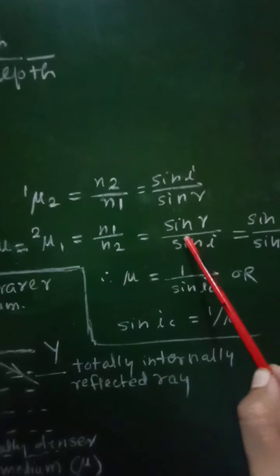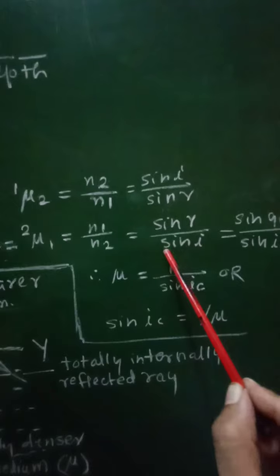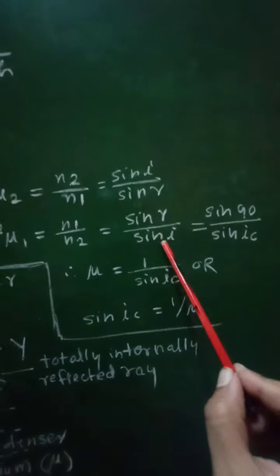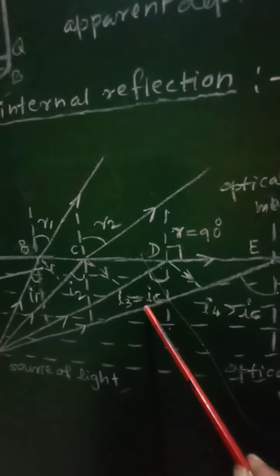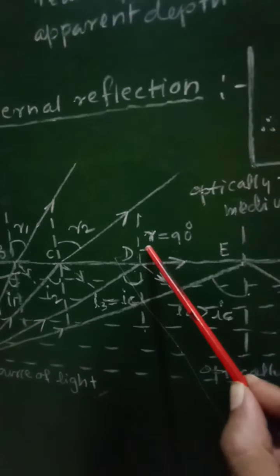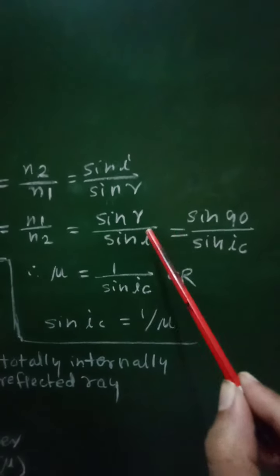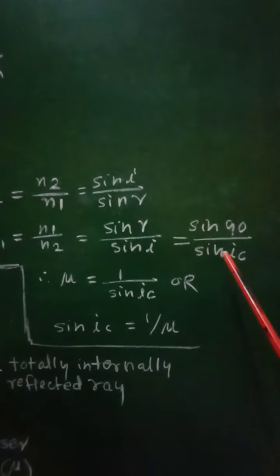And here we can write, instead of sin i upon sin r, sin r upon sin i. In this case, at the critical angle, that is when I3 is equal to IC, r is equal to 90 degrees, and therefore we can write sin 90 in place of sin r, upon sin i, that is sin IC.